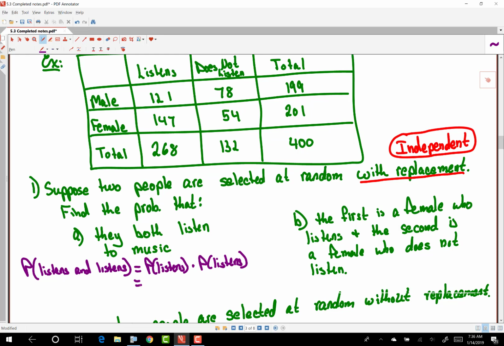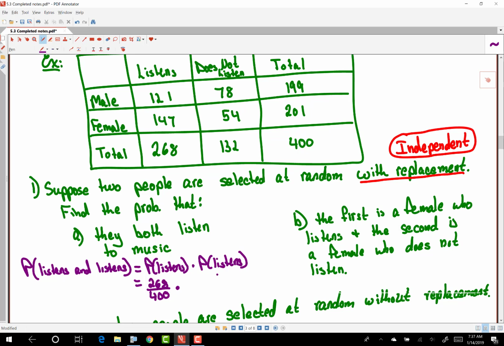Okay, well, the probability that somebody listens, there are a total of 268. We're not given any conditions, so we're doing everything out of the grand total. So there's 268 that listen out of 400. Times, now we selected that one person who listens, but we put them back into the pool.